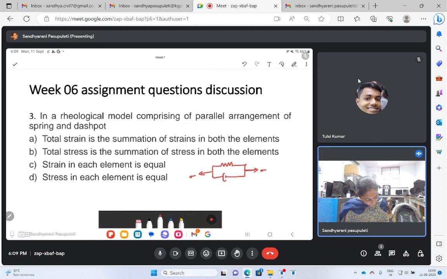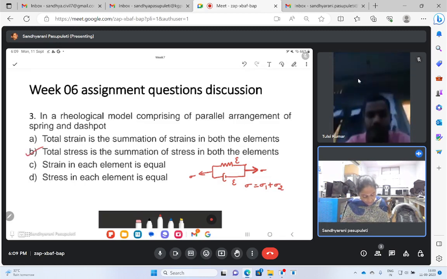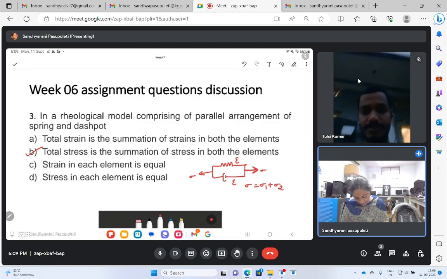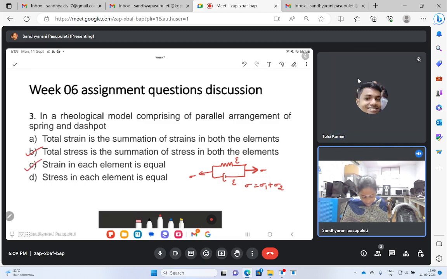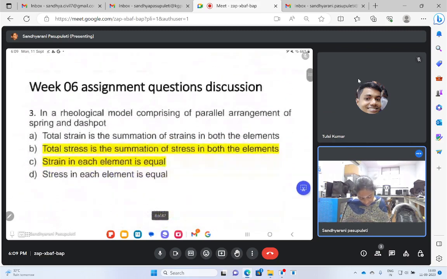So I am trying to pull here, and the strain developed in the spring and also the dashpot will be the same. Whereas if I want to find the total stress, it would be the sum of the stress in the spring and also the stress in the dashpot. So if you see the option B, total stress is the summation of stress in both the elements, and also the option C, strain in each element is equal. So these two are the correct answers.